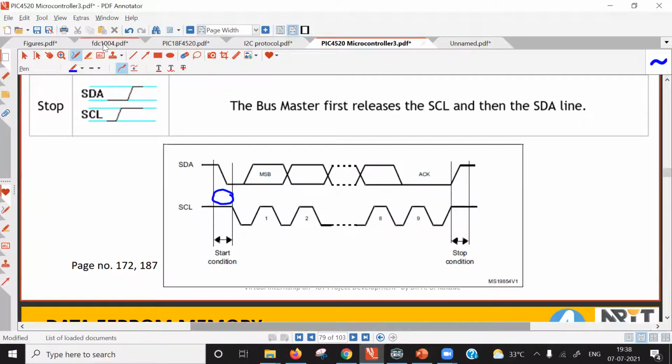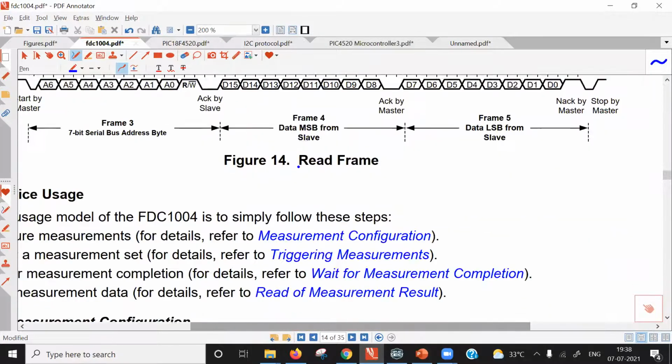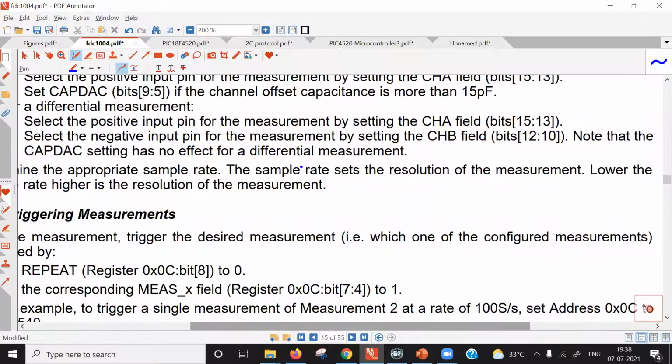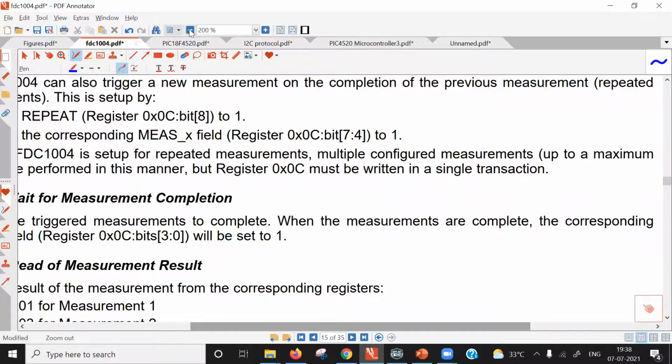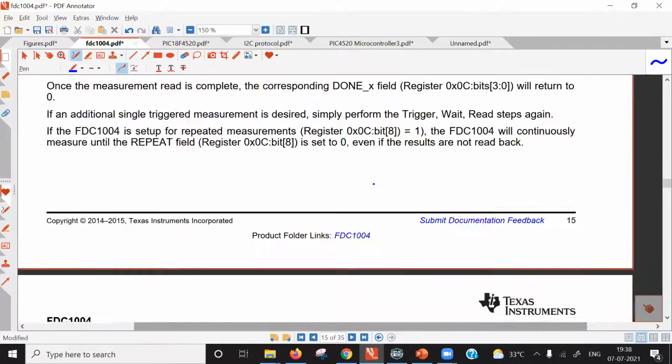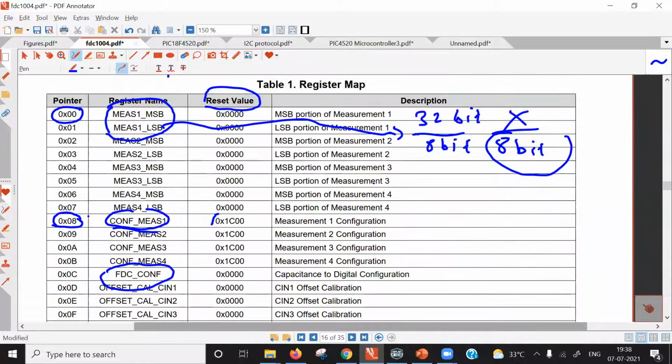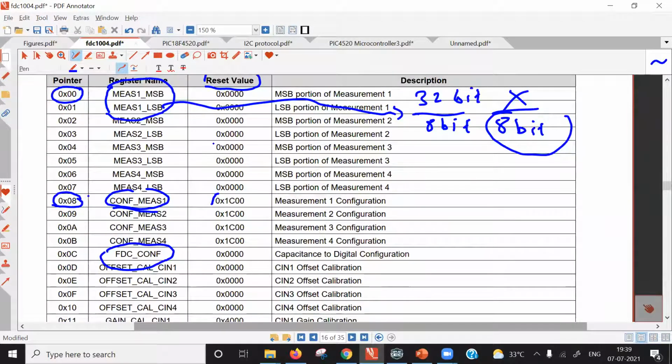So this FDC1004 IC has several on-chip registers. All these registers are 16-bit. In other peripheral devices, these registers may be 8-bit. It depends upon the design of that peripheral device. These registers are used for configuration purposes, for saving results, for gain calibration, for offset adjustment, and so on. If you want to configure, you must write to these configuration registers.